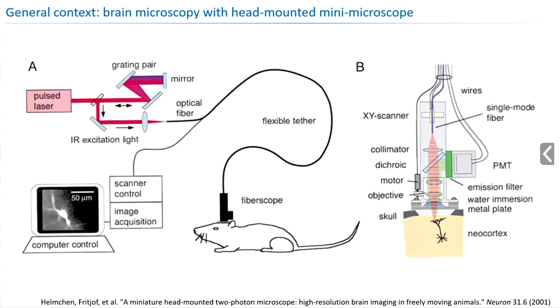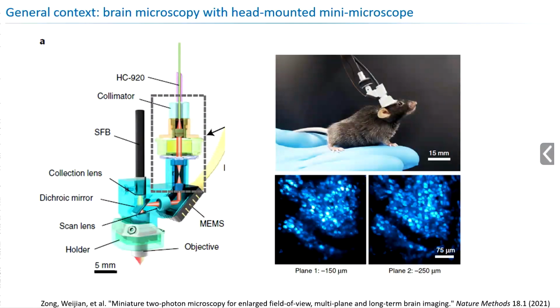Now the trend is people are trying to minimize the weight of those systems. So 2001, 2021: same sort of images, same sort of technology, but better optics, better engineered, but you still have this on the head of the mouse.